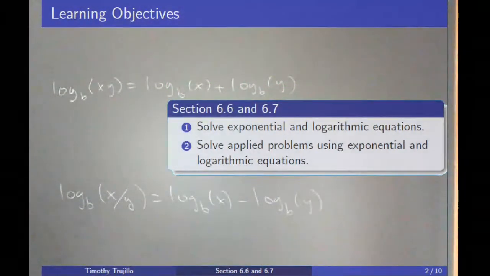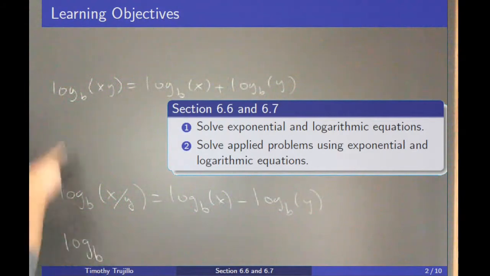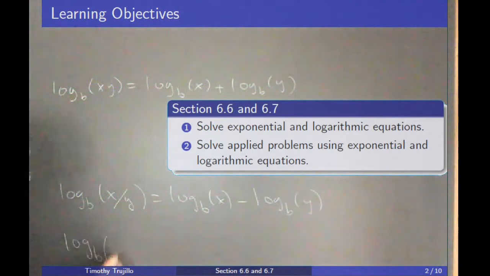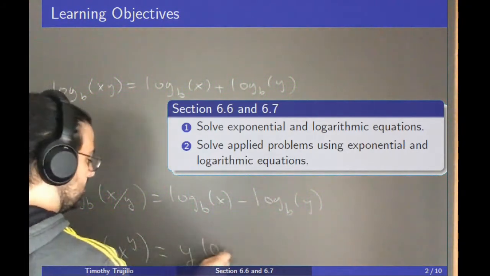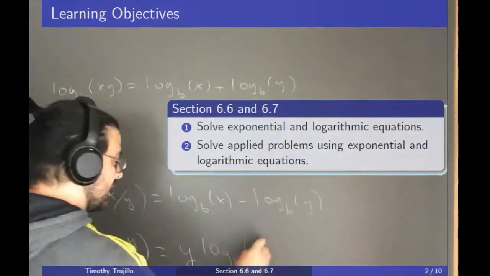And then we had probably what's going to be the most important rule for today, the power rule. So if we take log base b, and this is again any base b, so any positive number that's not equal to 1, of x to the power of y, well, then you can take this y from the exponent and move it down to the front, as y times the log base b of x.